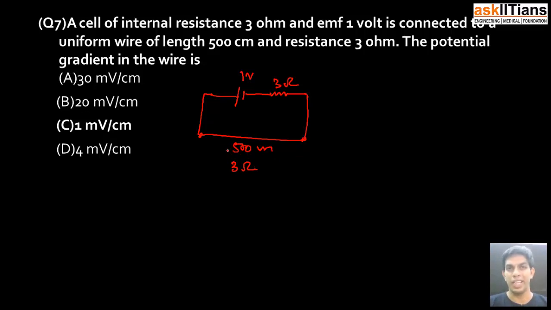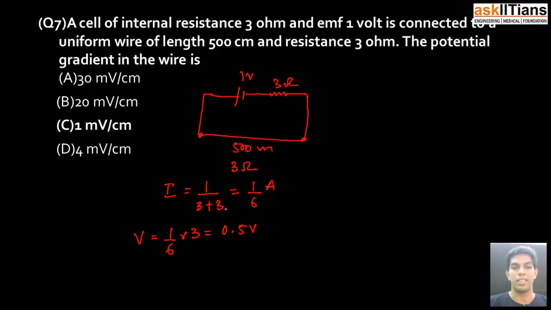To find the potential gradient across the wire, I first need to find the current flowing through it. So I = 1, the potential drop across the whole circuit, divided by the total resistance, that is 3 plus 3, which gives me 1/6 ampere. Now the potential drop across the wire is V = current times the resistance of the wire, so I get 0.5 volt, the drop across the wire.